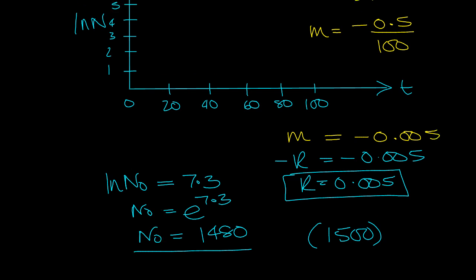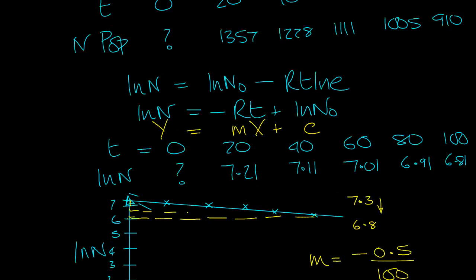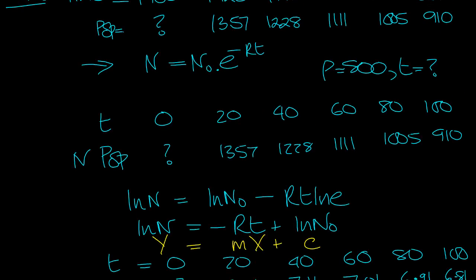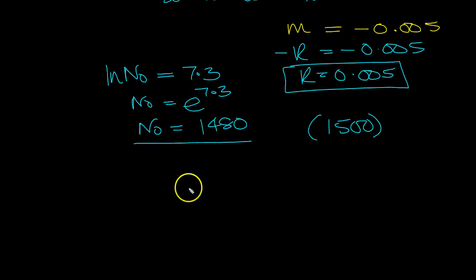Okay, so, and also now down to a population of 800, wasn't it? What is the time? N equals n naught e to the minus 0.005t.